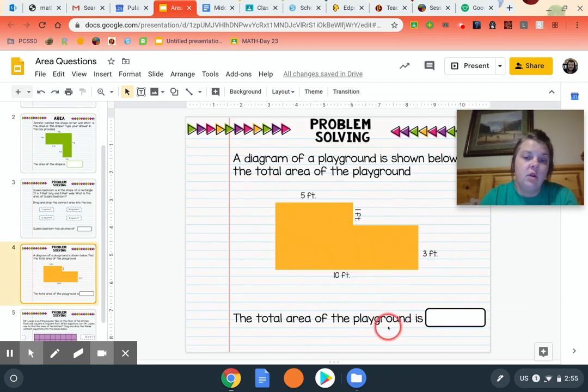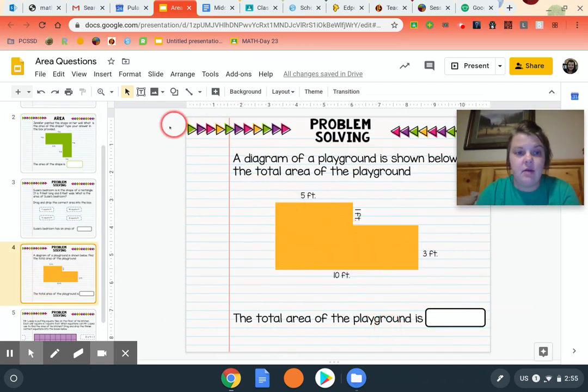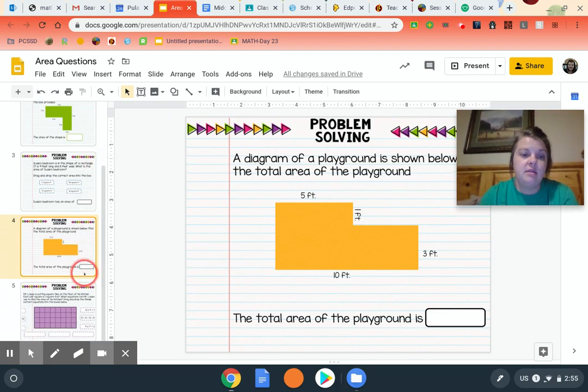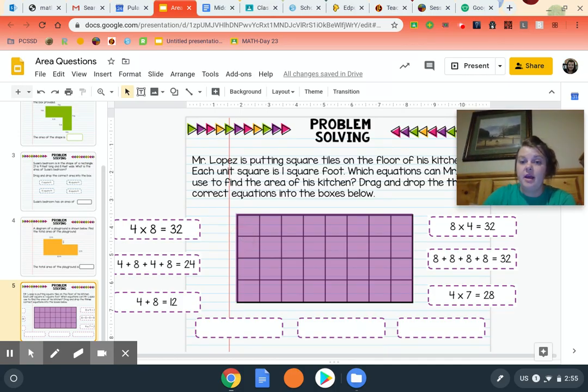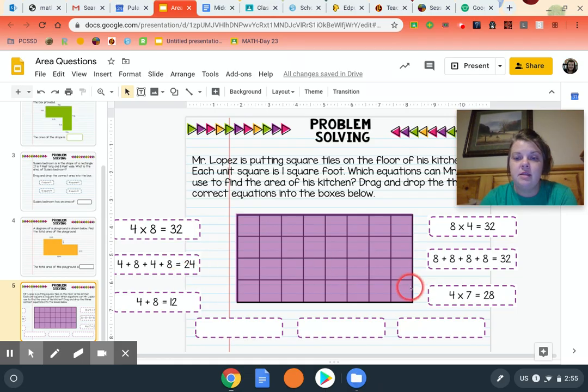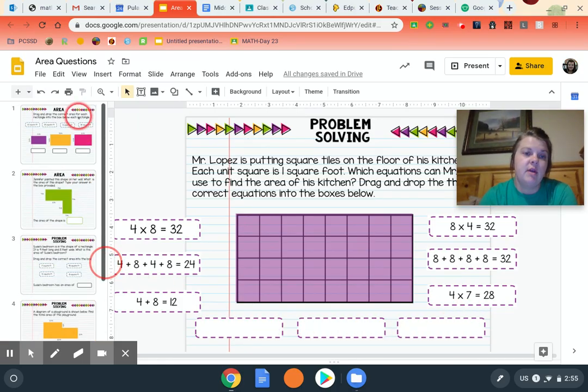And on slide 4, you have square feet. That would be your unit, because area is kind of like counting up all the squares in the middle. Perimeter is like a fence on the outside. Area is all the squares in the middle. So you could say 8, 8, 8, and 8, all those together. Or you could do like an array and do 8 times 4. And so you want to pick 3 different equations that could be used to find the area.